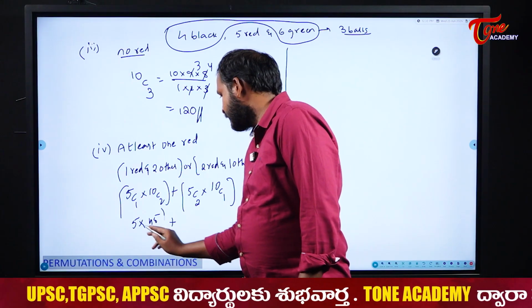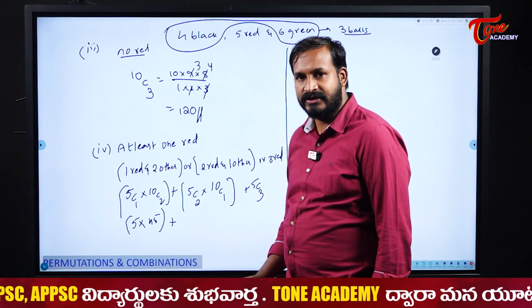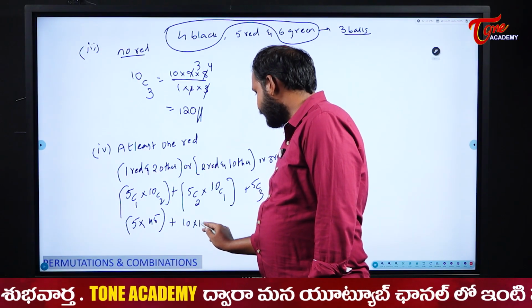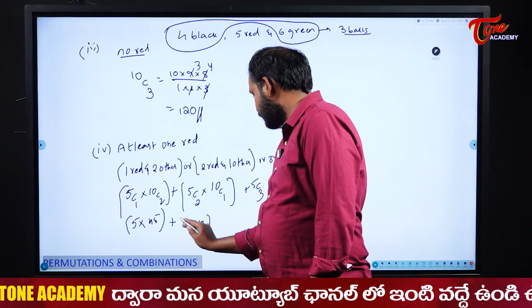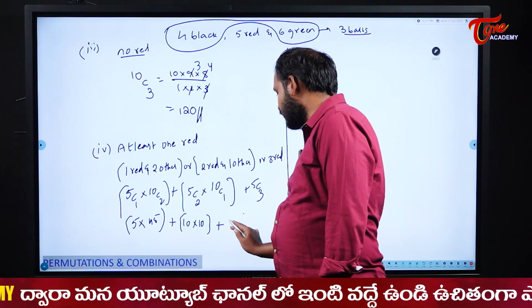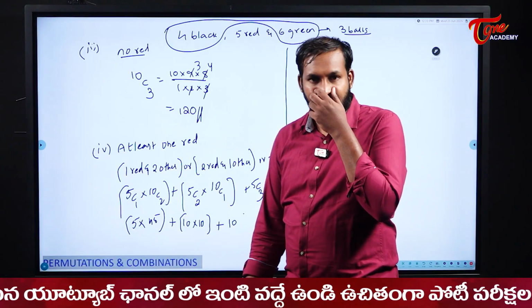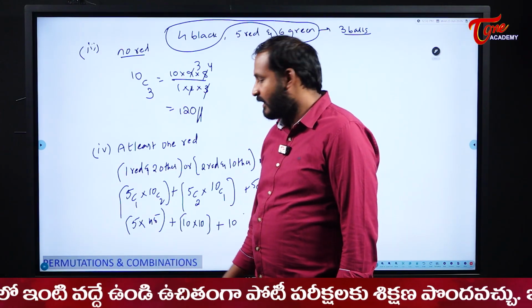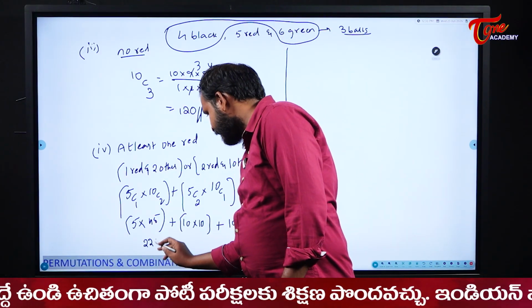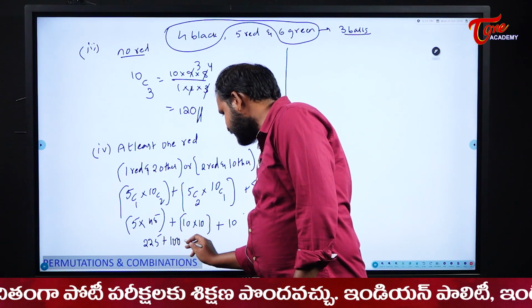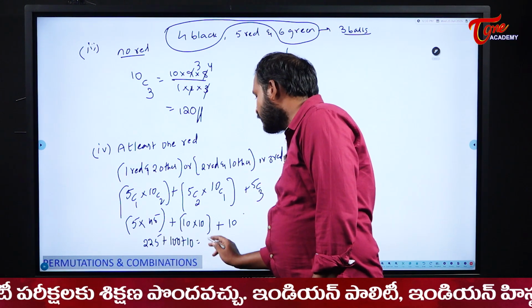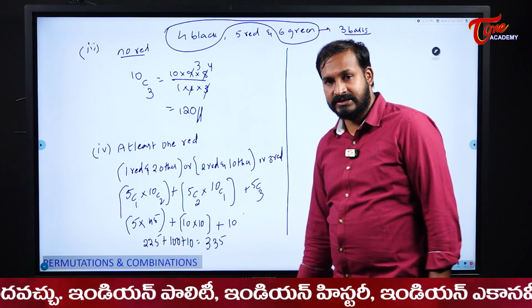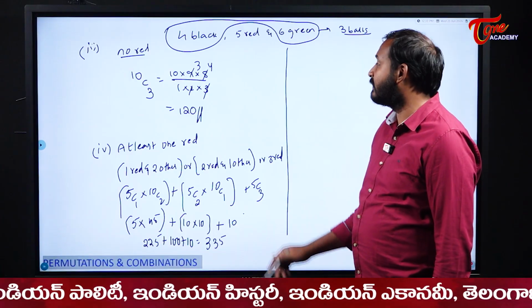Plus 5C2 is 10, into 10C1 which is 10, so 100. Plus 5C3, which is also equal to 5C2, which is 10. So 225 plus 100 plus 10 will become 335.